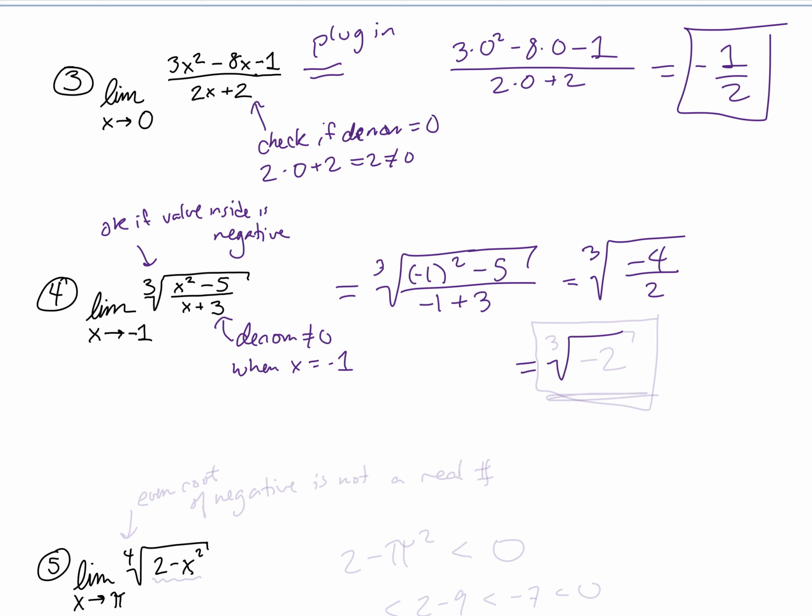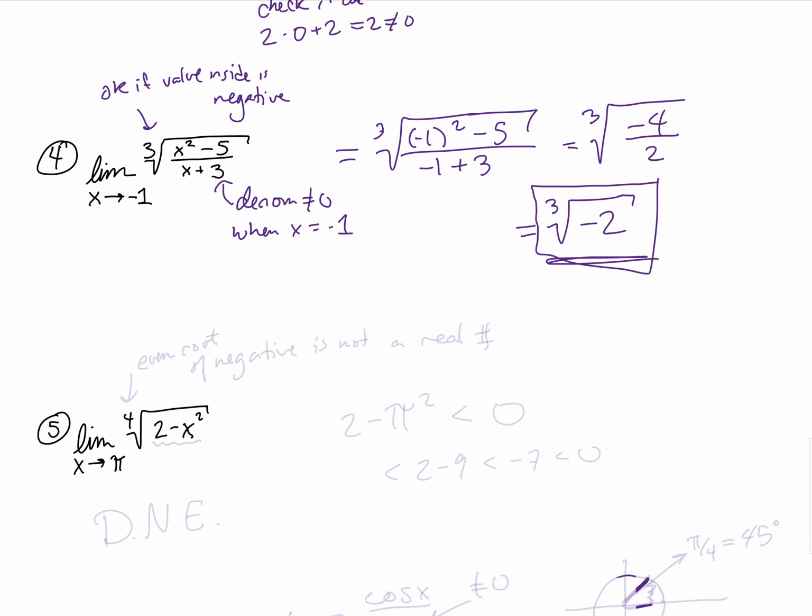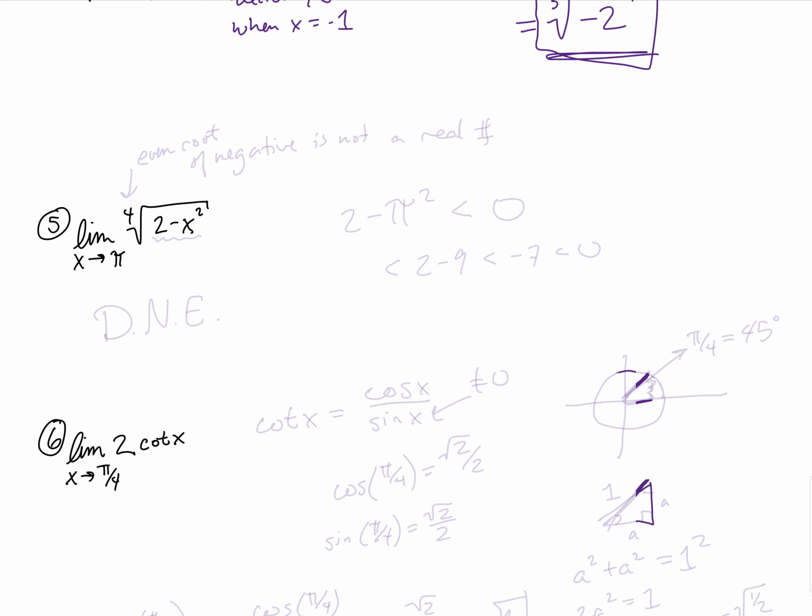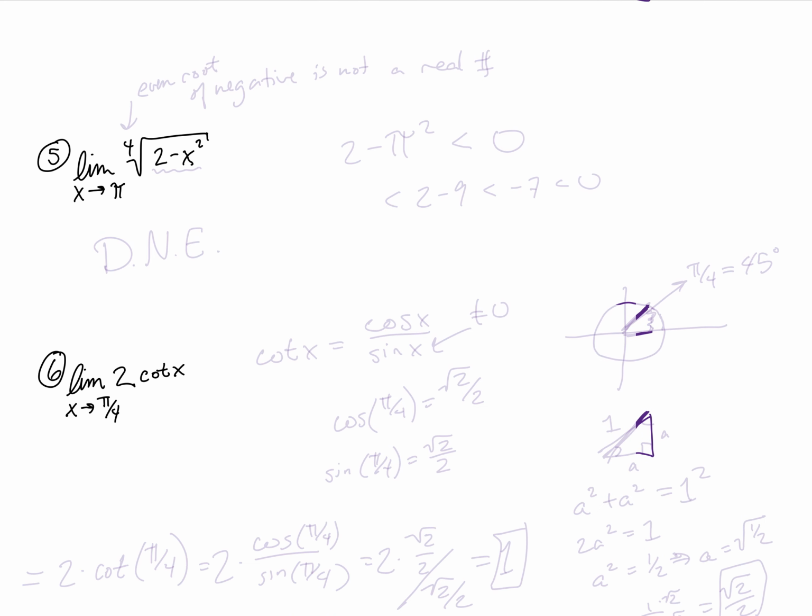This is the cube root of -2 when we simplify on the inside. And so we could find the cube root of -2. It's going to be some -1 point something, or we can just leave it as this exact value, and that is fine.